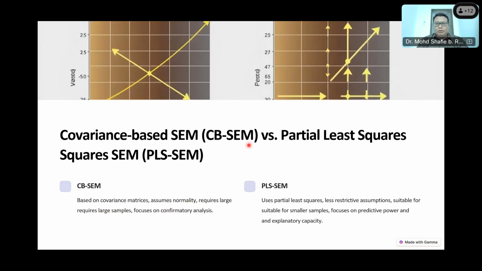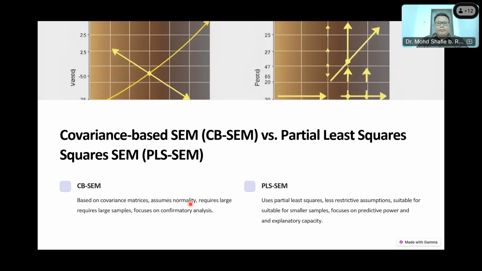We assume normality, so you have to make sure that your data is normally distributed from the perspective of multivariate normality. You have to test your kurtosis and your skewness to understand whether the data are normally distributed from the multivariate perspective or not.